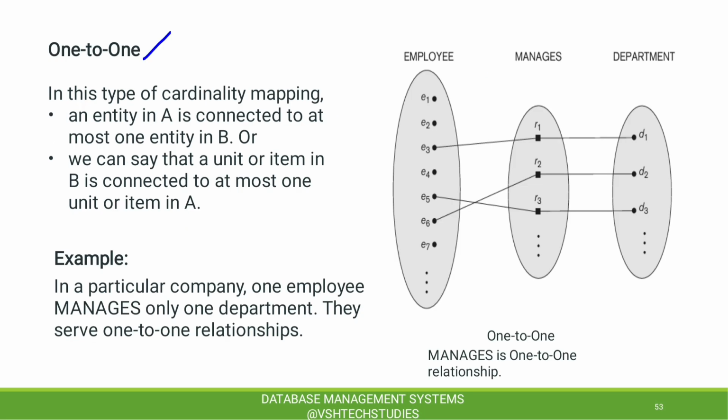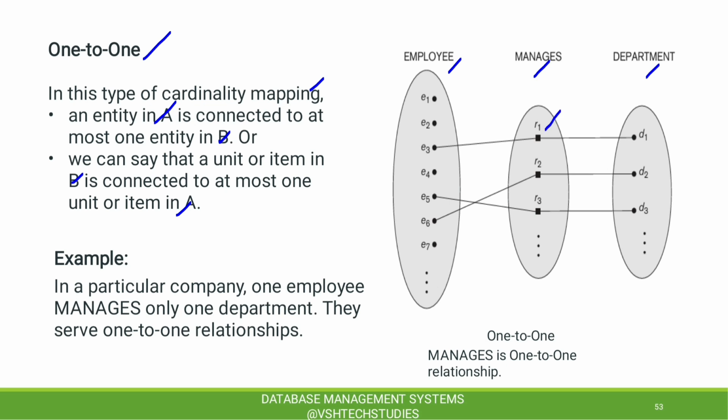The first one is one to one. In this type of cardinality mapping, an entity in A is connected to at most one entity in B, or we can say that an item in B is connected to at the most one item in A. Suppose you take employee as A, department as B, and the association between the two is the managers relationship.